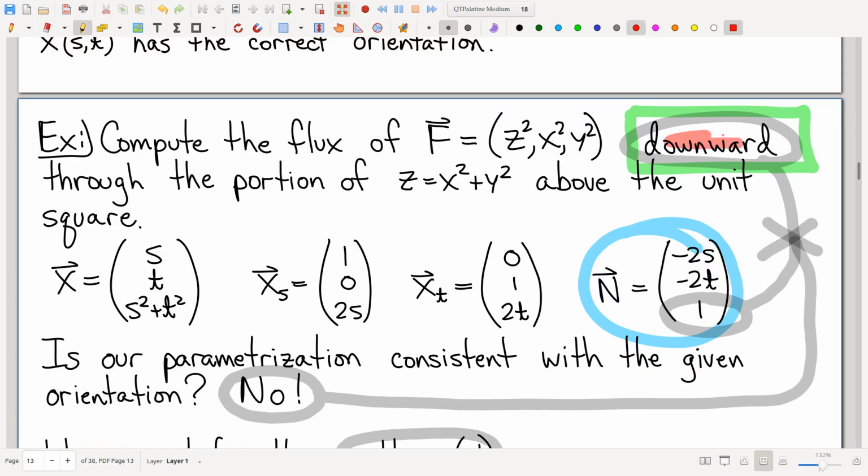It says downward there, but you can see that this capital N vector that I just computed is not downward in any sense. It's not even a little bit downward. It's, if anything, upward. It's not straight up, not perfectly up, but no one's going to look at a vector like this, like I'm doing with my finger here, and call that downward. Does that make sense? So I parameterized it backwards.